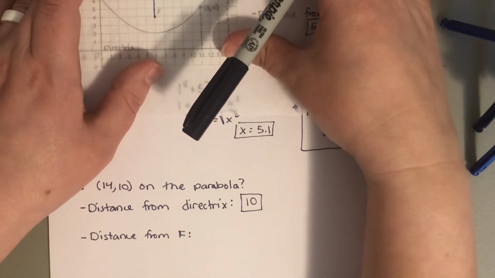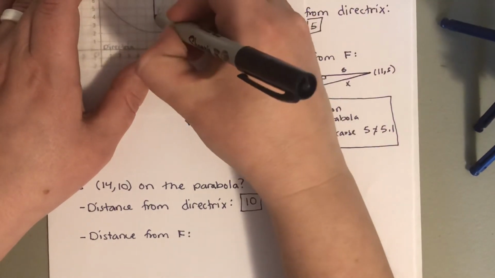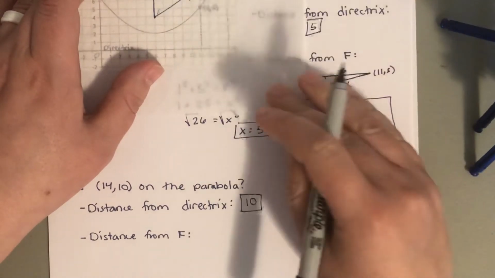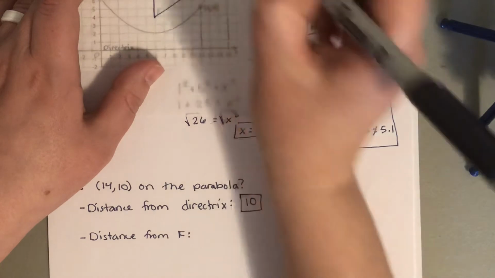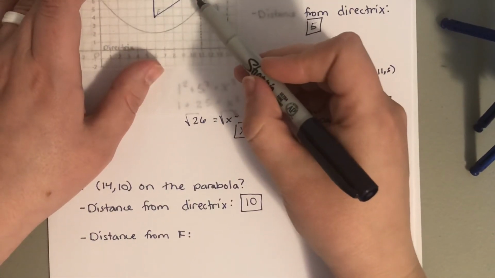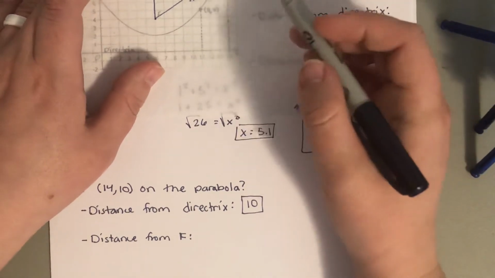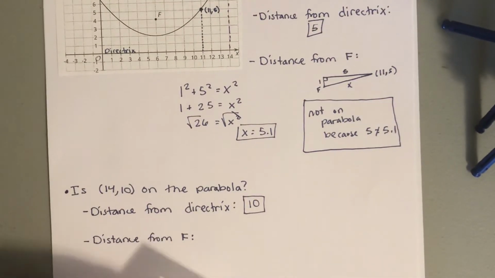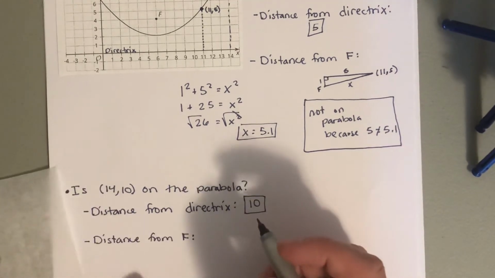And then we don't want to know the up and over distance, though. We want to know the straight there distance. So we have our right triangle. We can use the Pythagorean theorem again to find that distance. And if it equals 10, we know that this point must be on the parabola. If it doesn't, we know that it's not. So let's take a look at that.